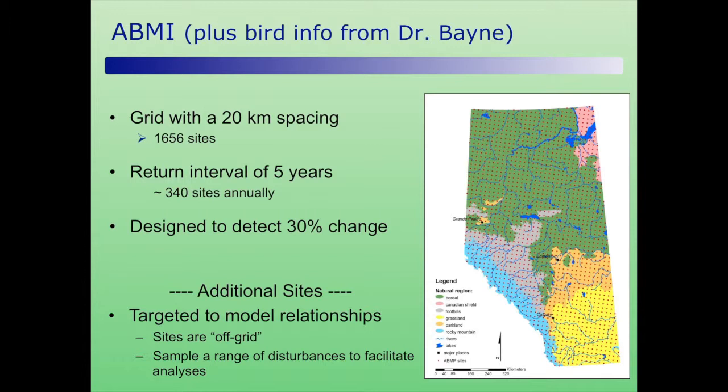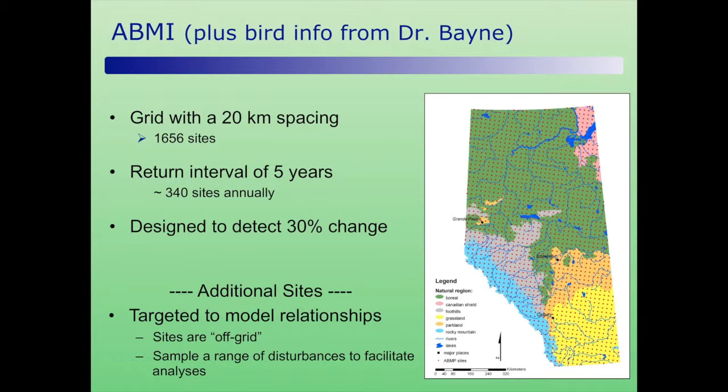The information we collect wasn't collected for this purpose, but it should be quite effective at helping folks evaluate the cumulative effects on biodiversity in a particular region or sub-region or even a small area within that. So how would we use the information collected by the ABMI to help folks do a cumulative effects assessment?